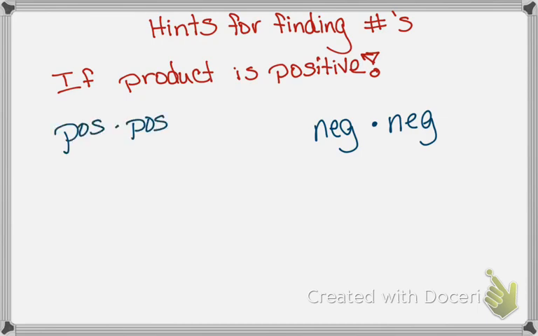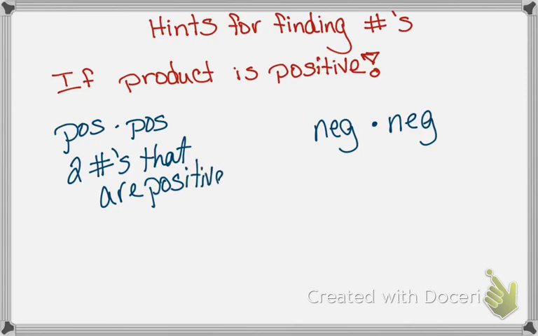Is there any other way to do it? No. Okay? So when I'm factoring and I have a positive product, I have to have two numbers that are positive, or I have to have two numbers that are both negative.